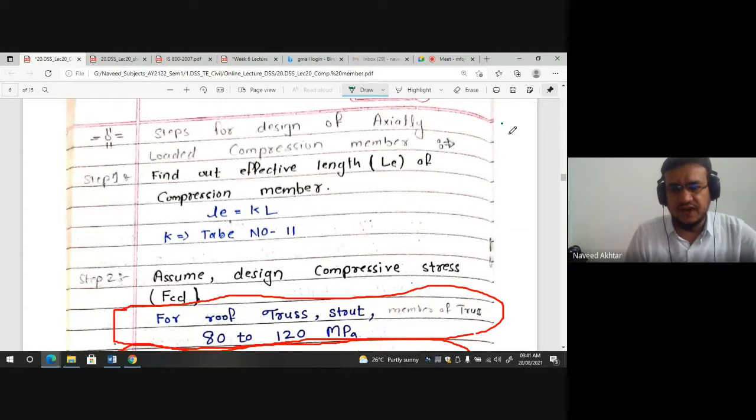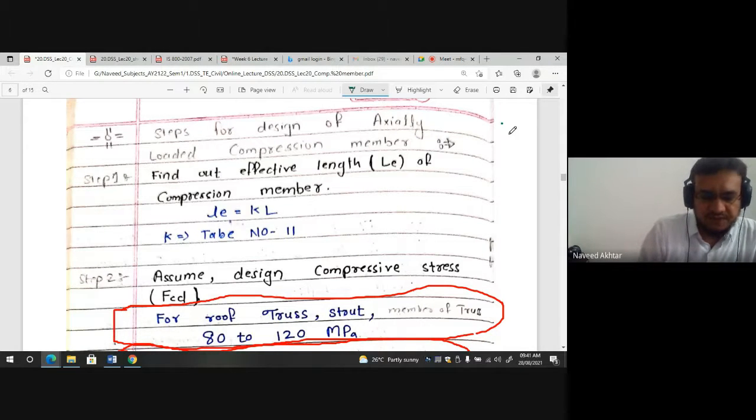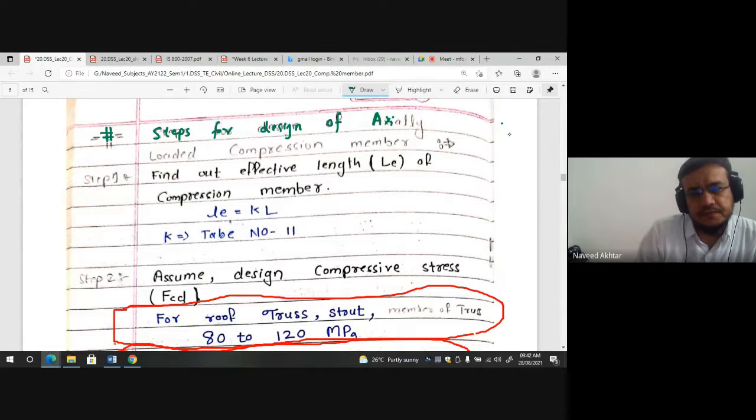Steps for design of axially loaded compression member. So I write down here the steps for design of axially loaded compression member.